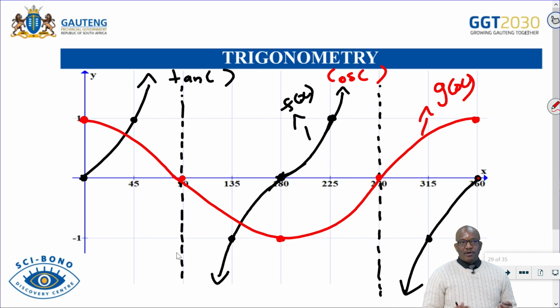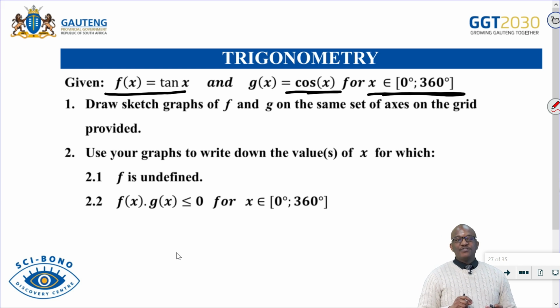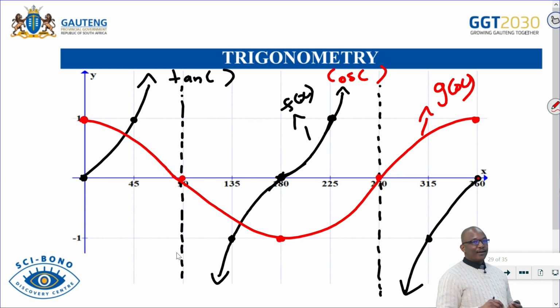So now, how do we then determine the following question? 2.1, they say for which values of x, write down the values of x for which f is undefined. Remember, we are talking about our graph of f, the black one.